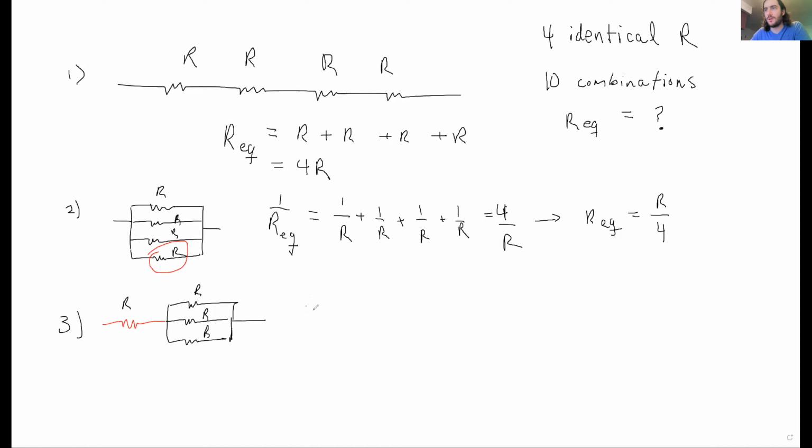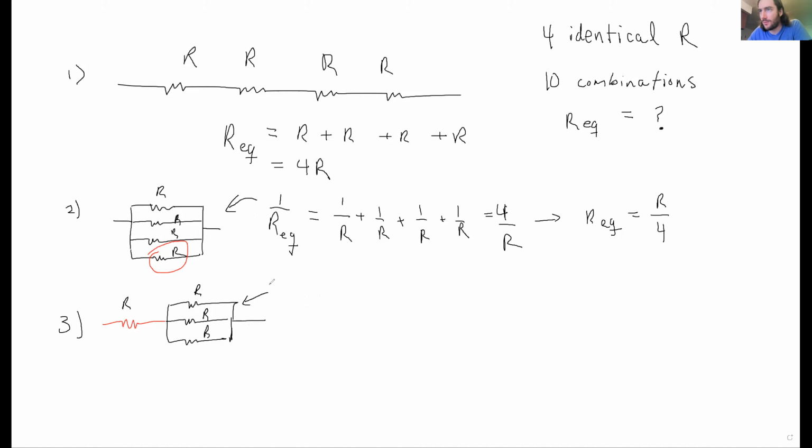So I have 3 in parallel here. I know that if I have identical resistors in parallel, like up here with the 4 in parallel, it's going to be R over 4. So if I have 3 of them in parallel, like here, what's it going to be? R over 3. Okay, so that's just that part though.